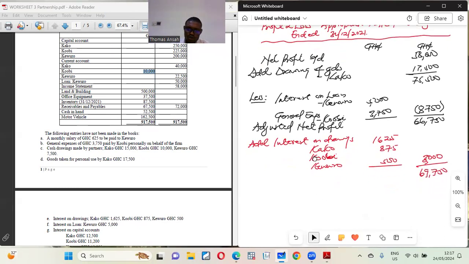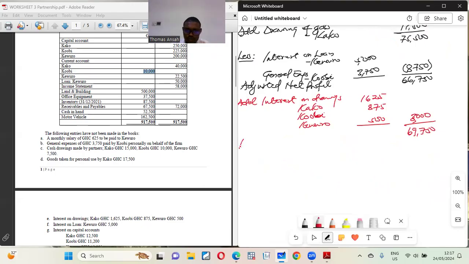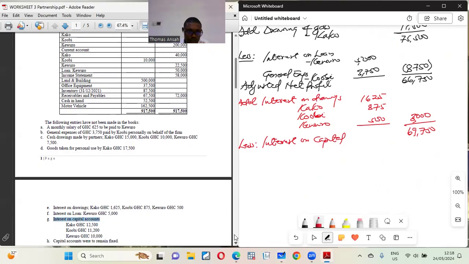Then what else do we do? Appropriation, we less. Less what? Yes, it's good to remember. Interest on capital. What are the interest on capital items that we have here? So these are the interest on capital items. So you bring here Kako, you bring here Kobe, you bring Keru.